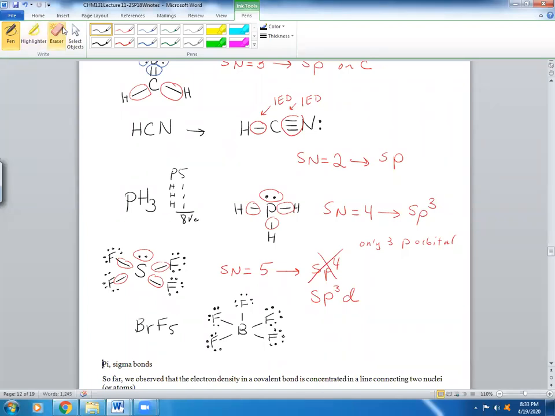If you were to draw the Lewis structure of this, we did this in the last lecture, so you can go back and review it. Br has 7 and F has 7. Together, all of this would be 42 valence electrons. There it is. So what is the hybridization? 1, 2, 3, 4, 5, and 6 is the steric number, 6 domains. So what do you think?